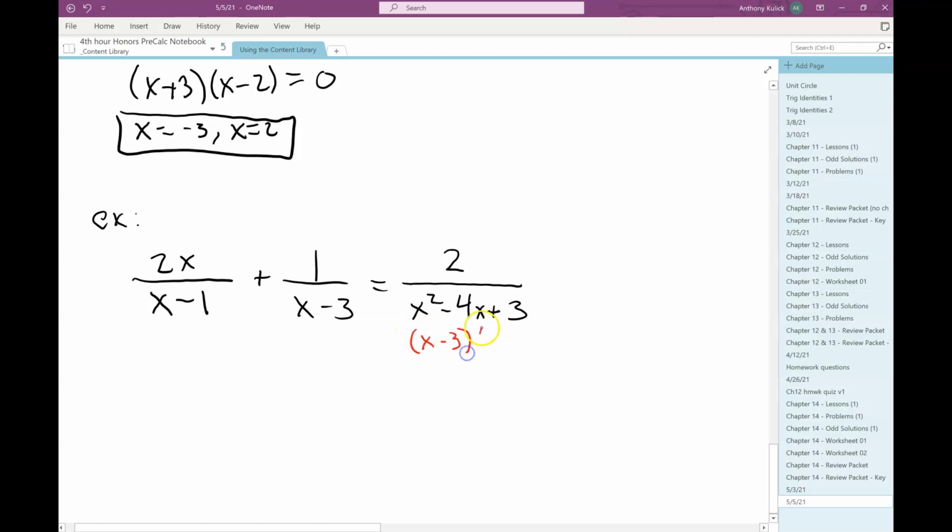So that one factors x minus 3 times x minus 1, right? Yep. So now it should be pretty clear what the least common denominator is. X minus 3 times x minus 1, right? So I'm going to multiply both sides by that.